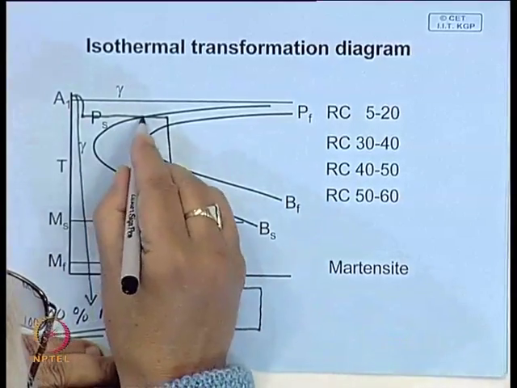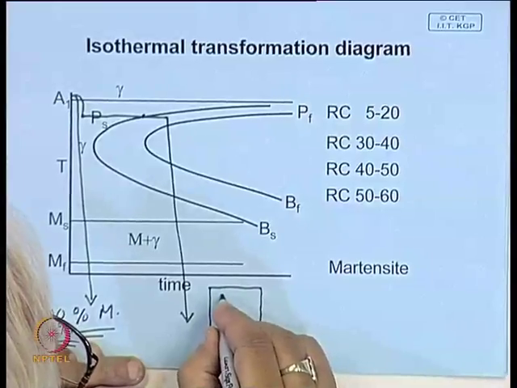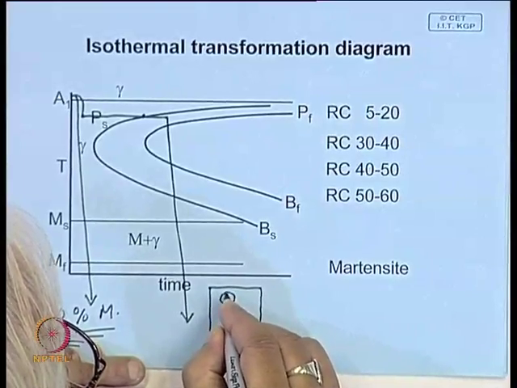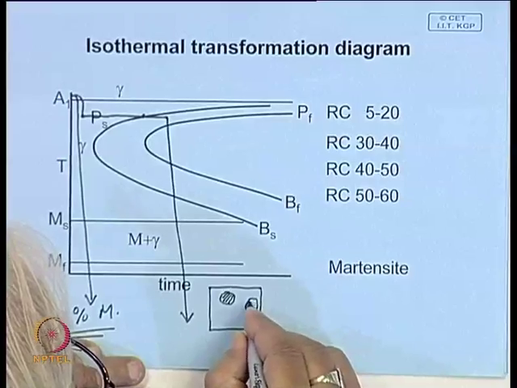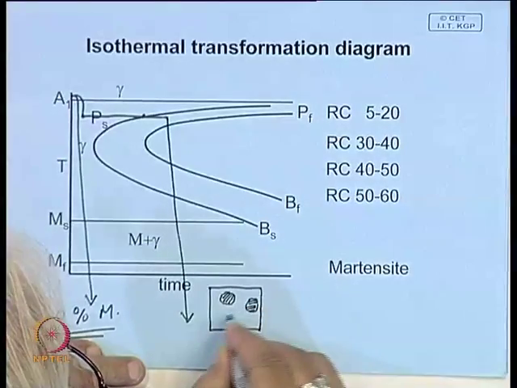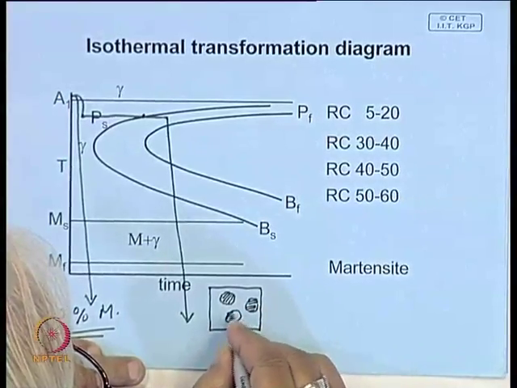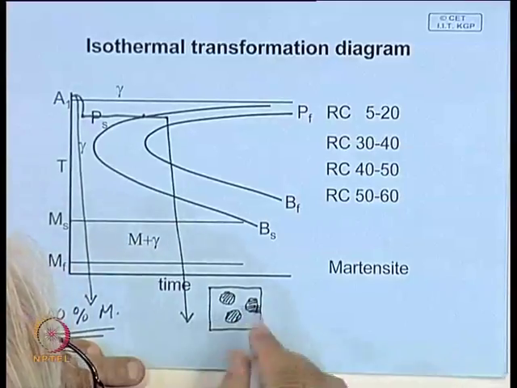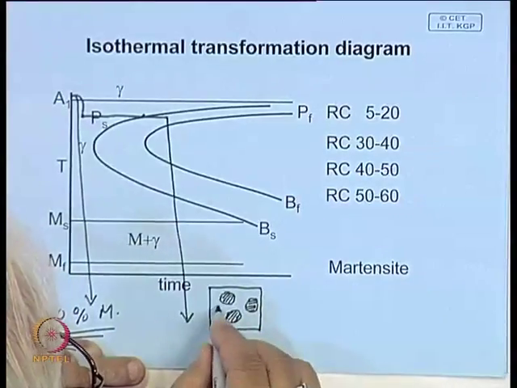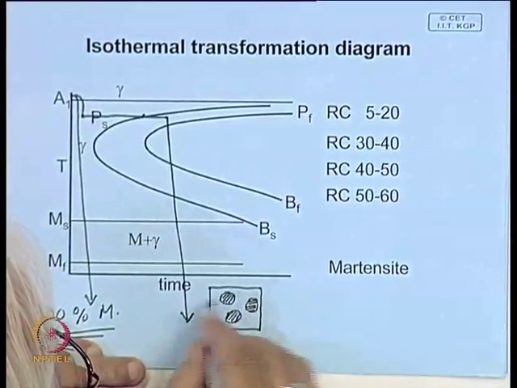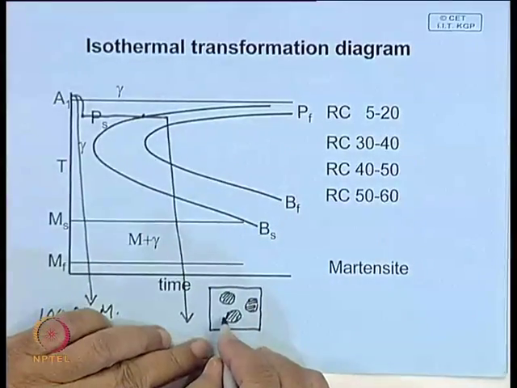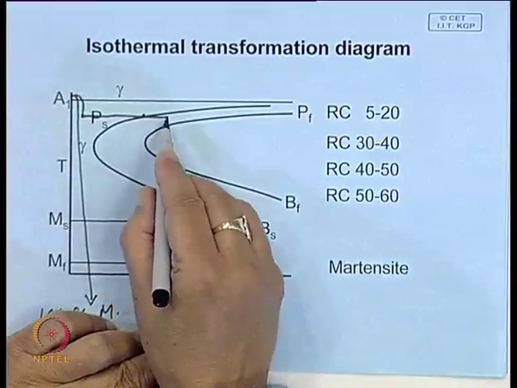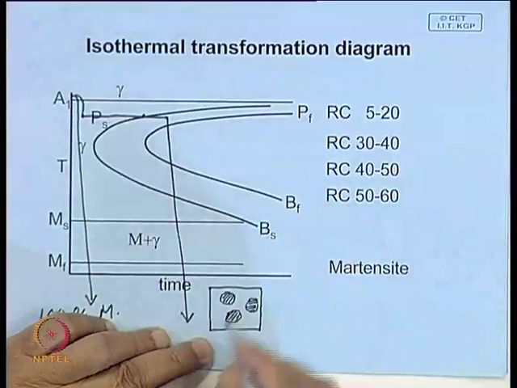Once this point is exceeded, you have these nodules of pearlite forming. These are nodules of pearlite that have formed, and for the rest, since you are quenching, you do not allow time for the carbon to diffuse and continue with the formation of pearlite.